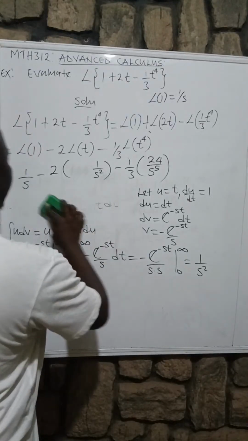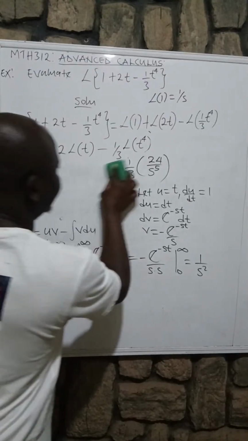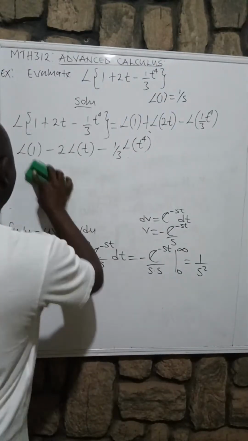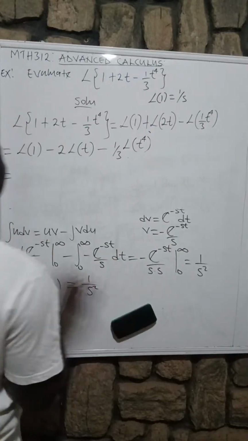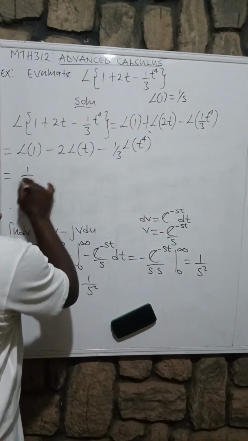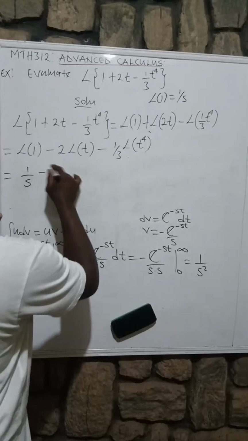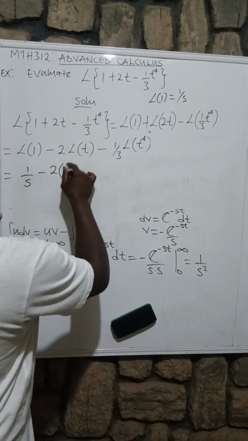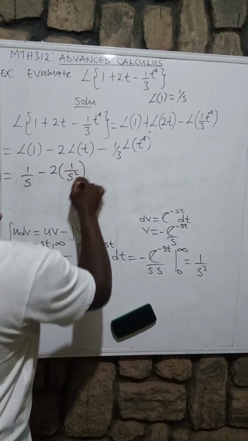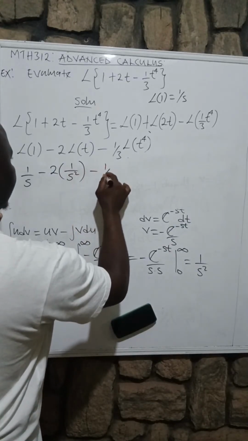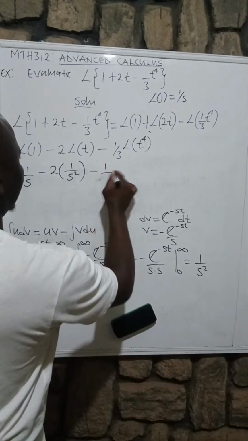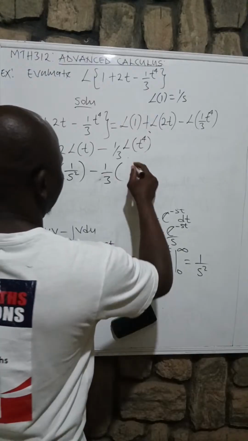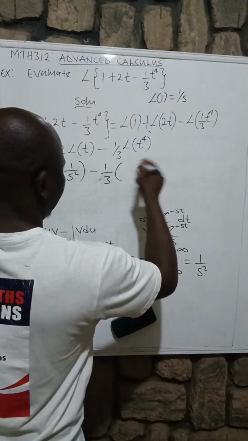Let me write it again here. So here will be 1 all over s minus 2 times Laplace of t, which is going to give us 1 all over s squared, then minus 1 all over 3 open bracket, this is going to give us 4 factorial, right?